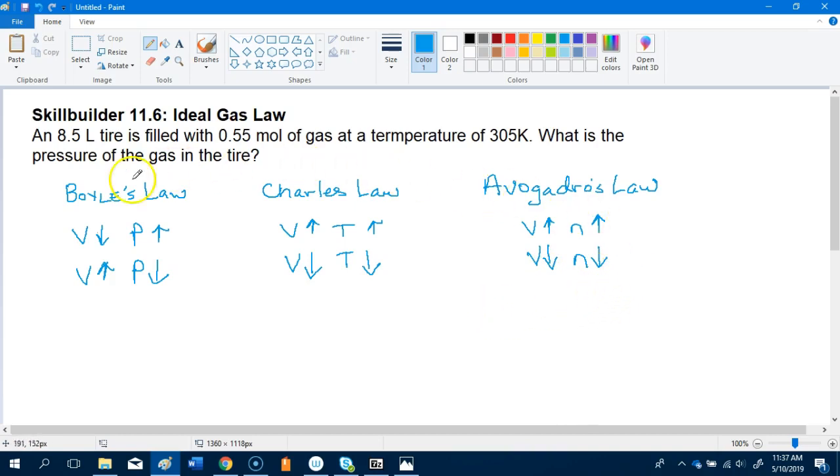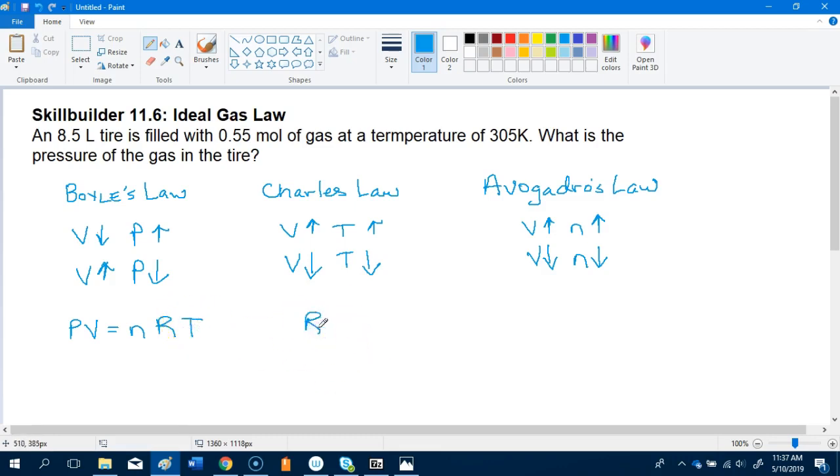We can put all of these variables into one law called the ideal gas law. The ideal gas law looks like this: pressure times volume is equal to the number of moles, times the ideal gas constant, which we are given as 0.0821, times our temperature.